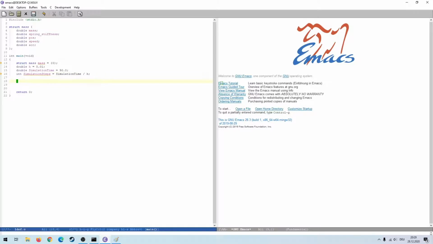So what else do we need? Currently we have our mass initiated to 0, but if we have 0 mass, that's not really useful, and it's probably going to create some problems later on. So we need a mass, and we need a spring stiffness, let's give it a 10. Then what else do we need? Currently we have position set to 0.